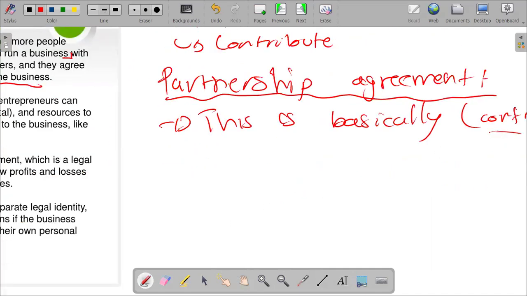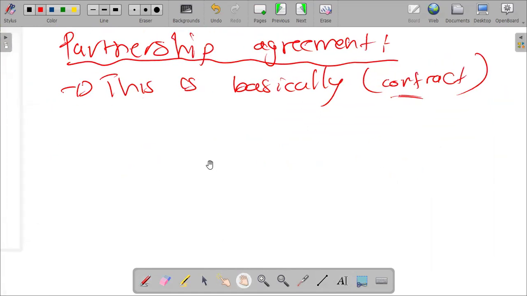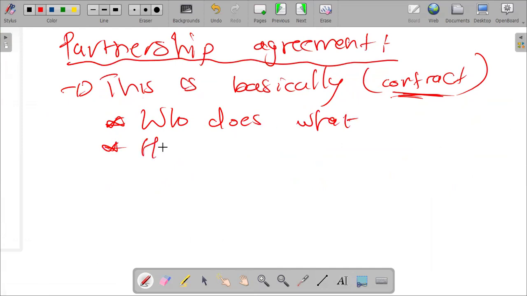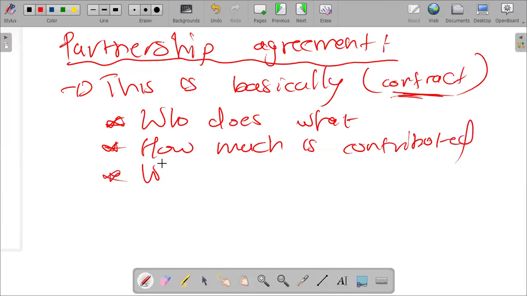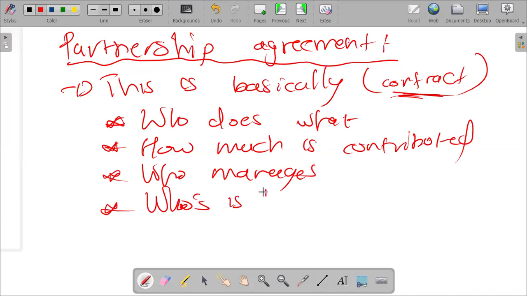The contract will stipulate who does what, how much is contributed, who manages, and who is liable, maybe for debts or legalities.